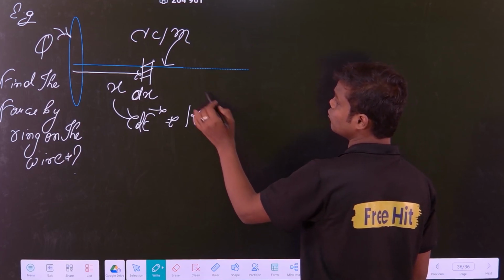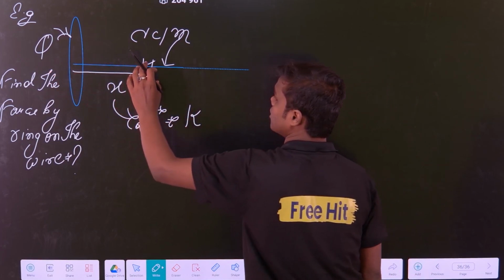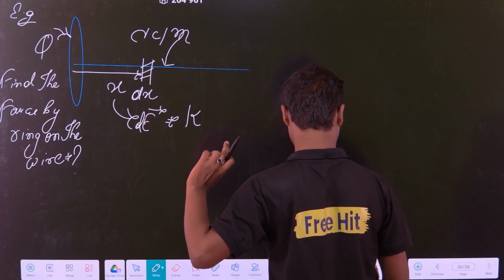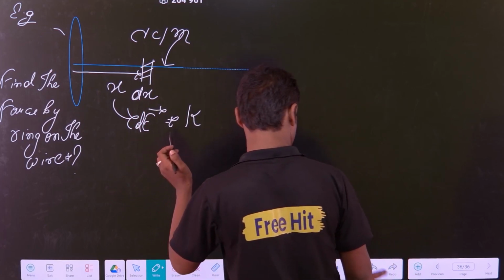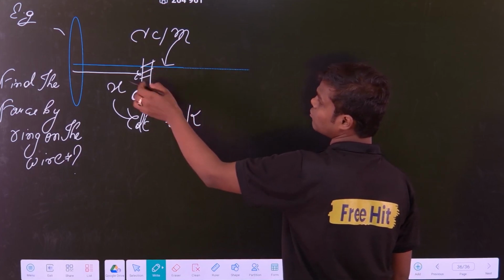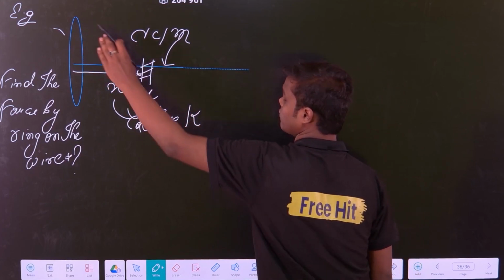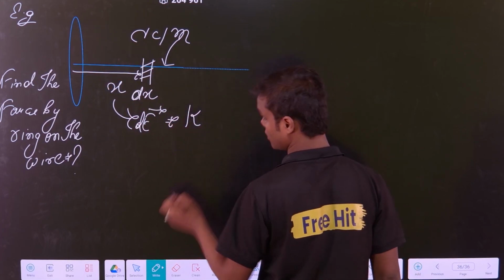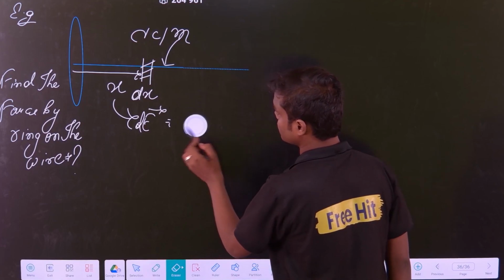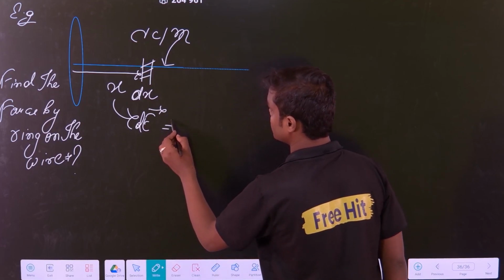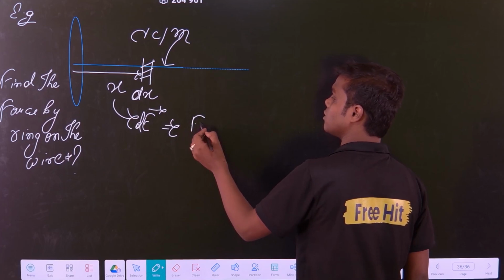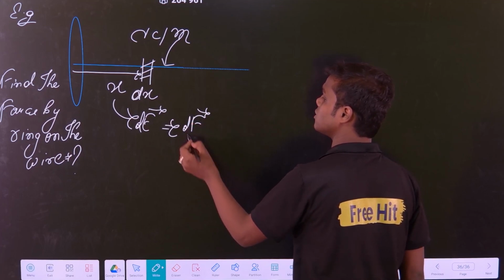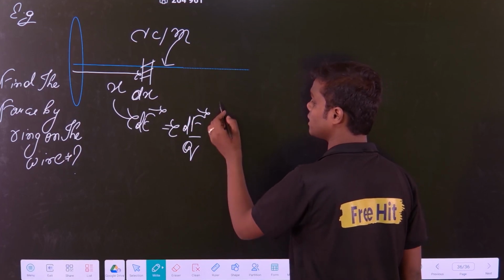Here we are trying to calculate the force. So what is the electric field? Because if we remember one concept, what is that concept? My electric field is equal to a small force dF by q, that I can write.